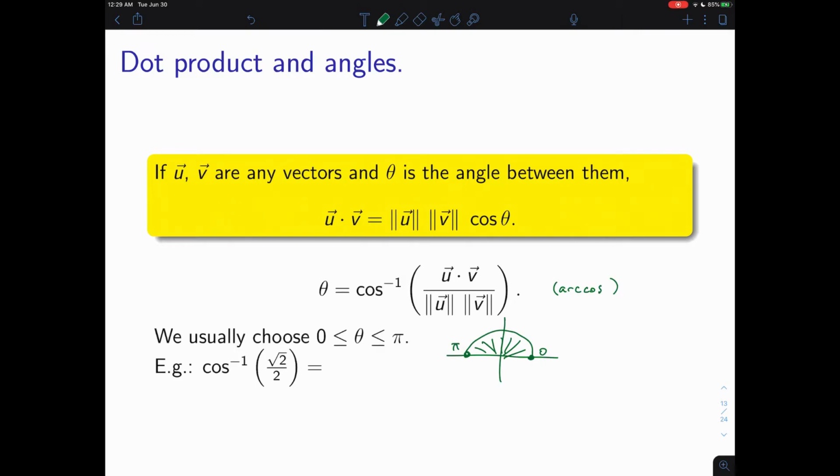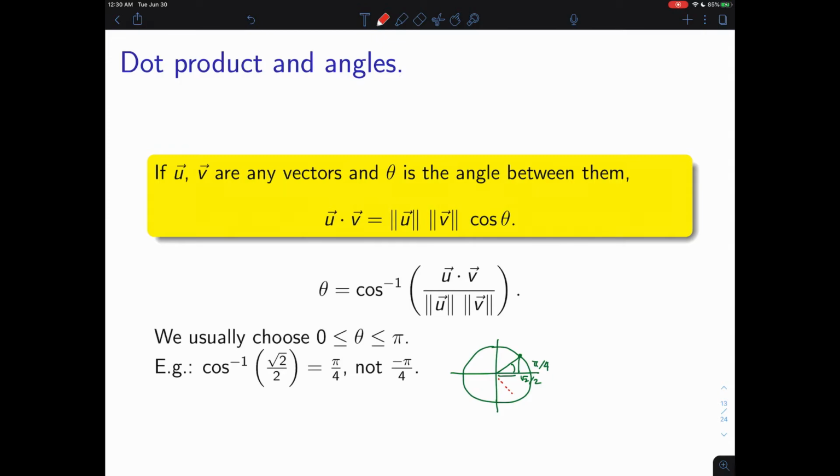So for example, what do you think is the arc cosine of root 2 over 2? Do you know? If you remember your unit circle, the arc cosine of root 2 over 2 is pi over 4, or 45 degrees if you're thinking degrees, right? So this angle of pi over 4 has cosine root 2 over 2.